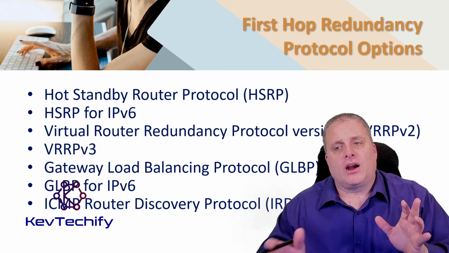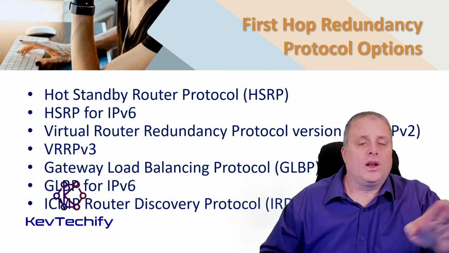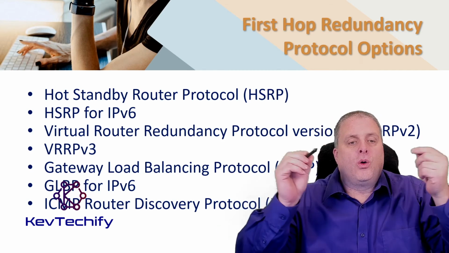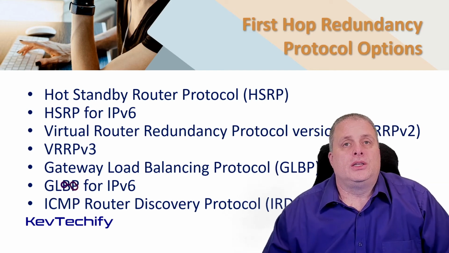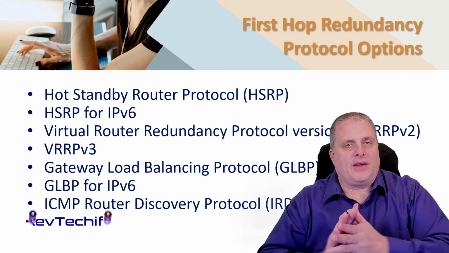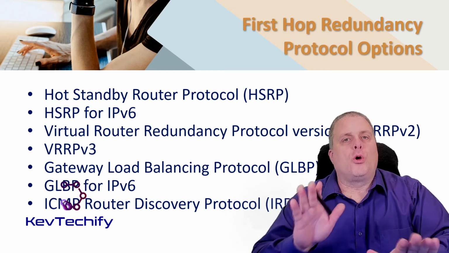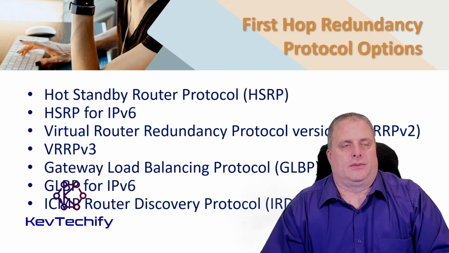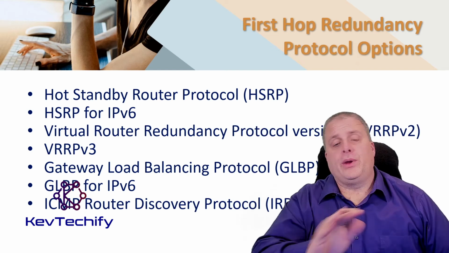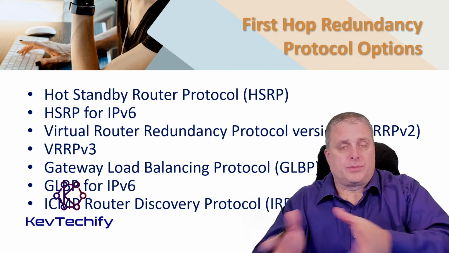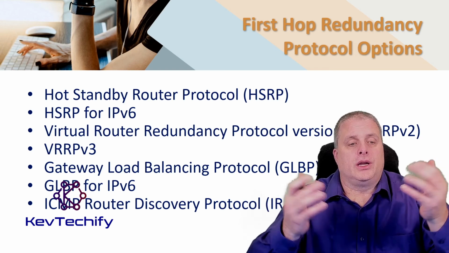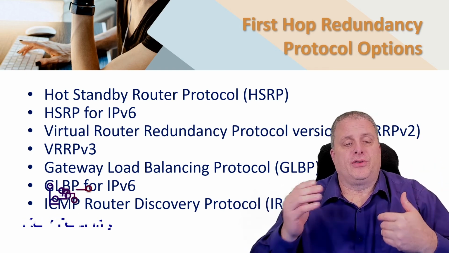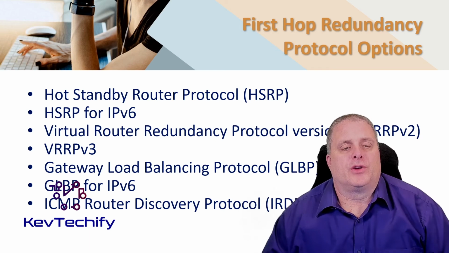HSRP, VRRP, that uses one connection or the other connection. What the Cisco proprietary Gateway Load Balancing Protocol does is, yes, we have the failover, but it also load balances between it. Gateway Load Balancing Protocol, without specifying the IP version, is for IP version 4 only. GLBP for IP version 6, well, it's for IP version 6.